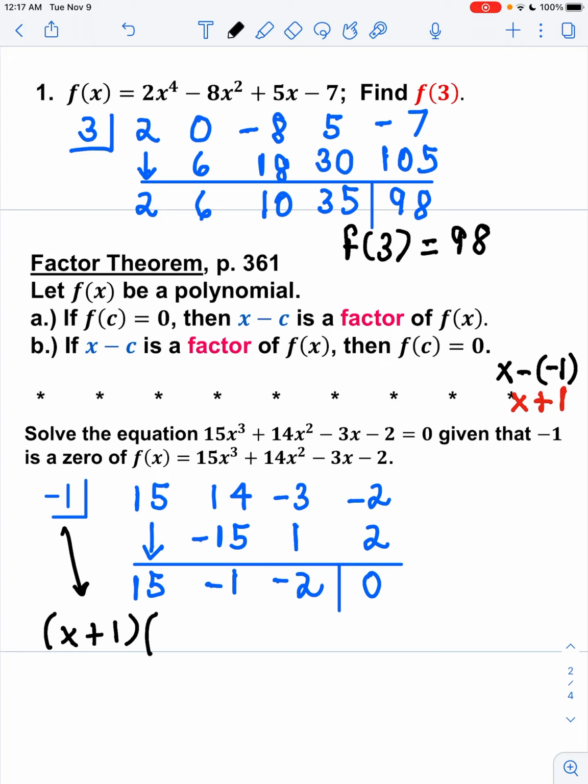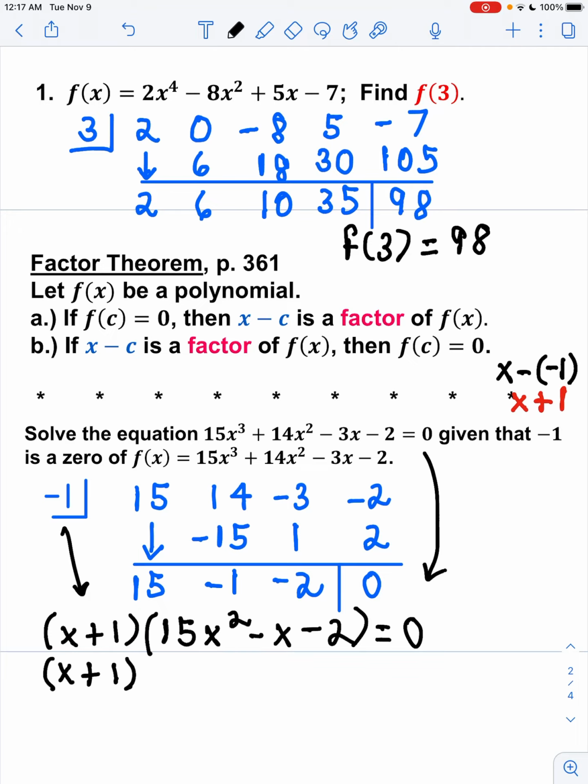And then the result from the synthetic division would be 15x squared, 1 degree less than what I started with, minus x minus 2 equals 0. So that's the factored form that I have based on my results of synthetic substitution. Of course, what I'm left with is a quadratic, so my hope is I might be able to factor it. Of course, if it doesn't factor, I can always try quadratic formula.